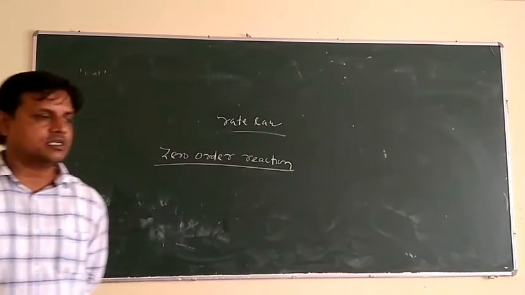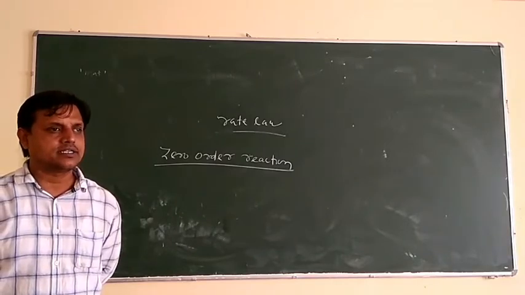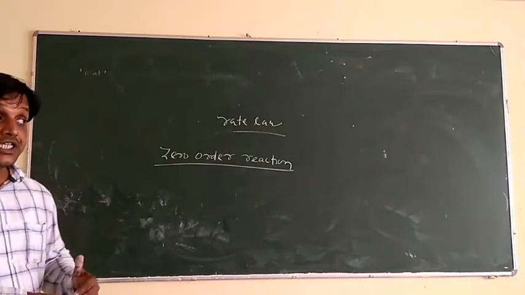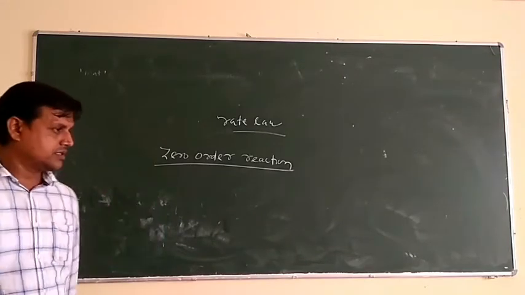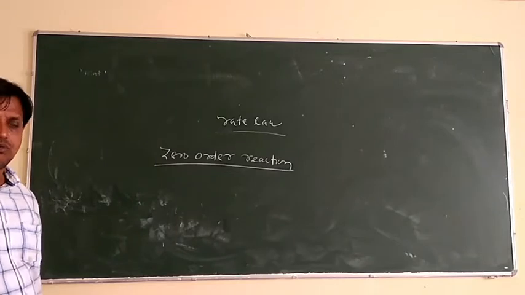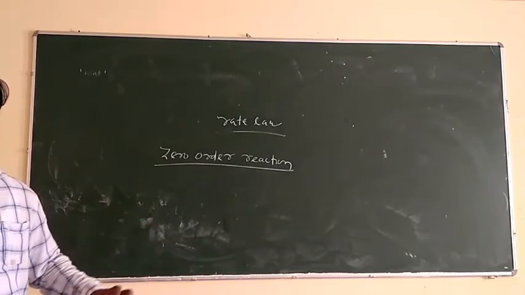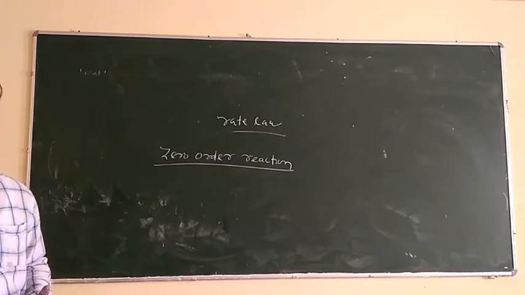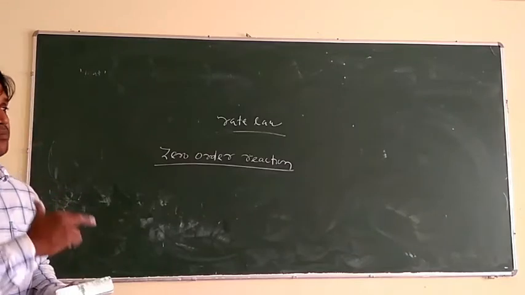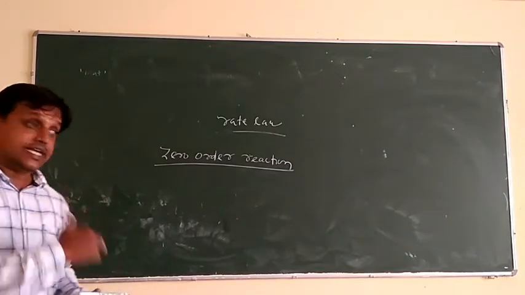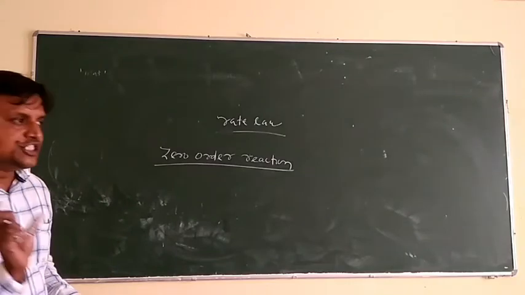That means in the rate law equation the power of the reactant is 0. Why is it 0? Because the rate of the reaction does not depend upon the concentration. Whether the concentration increases or decreases, the rate does not change. In that case we find the power of the reactant is 0.